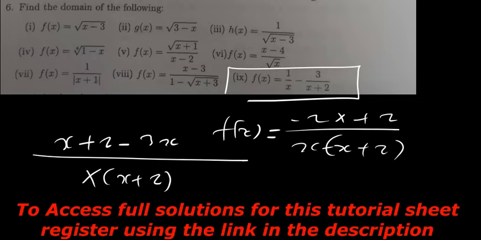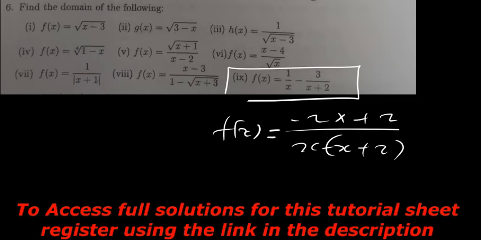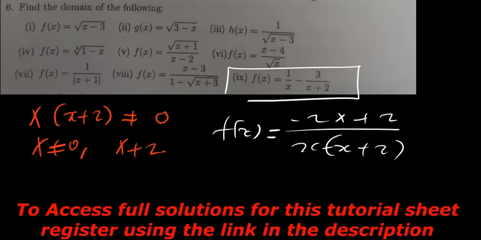But remember, the denominator should never be equal to 0. So x is not equal to 0, comma, x plus 2 should never be equal to 0, then x should never be equal to -2.